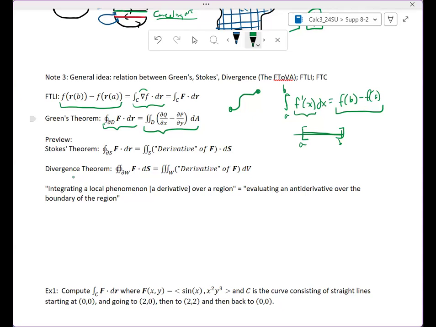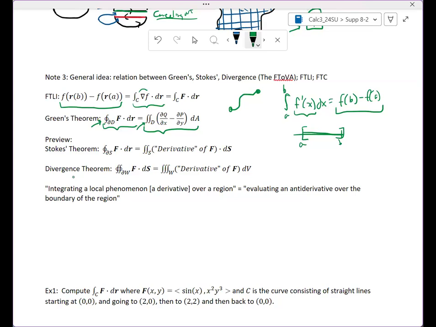Here we have a boundary of a two-dimensional region, so that boundary is a one-dimensional curve. I need to somehow evaluate over that one-dimensional curve, and that becomes a single integral from our double integral.